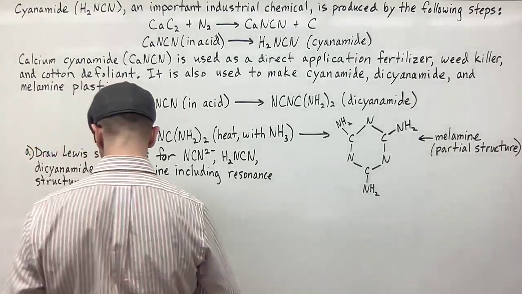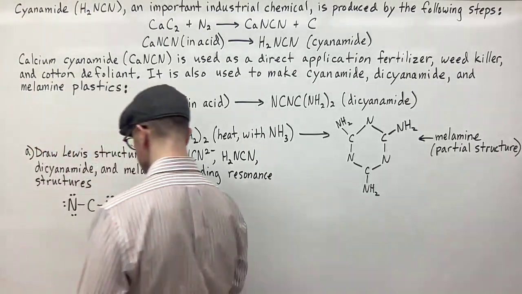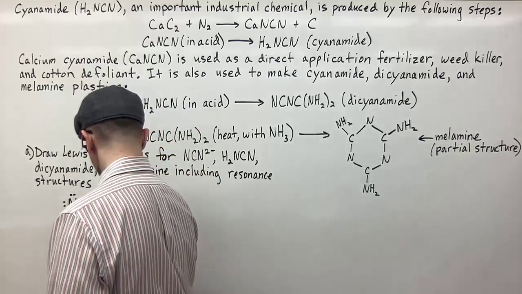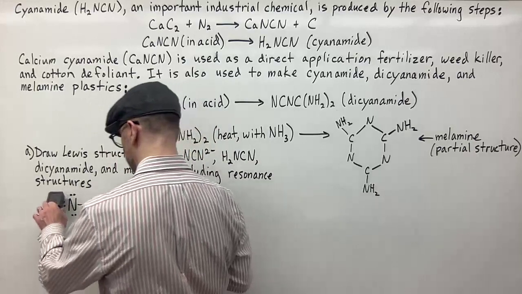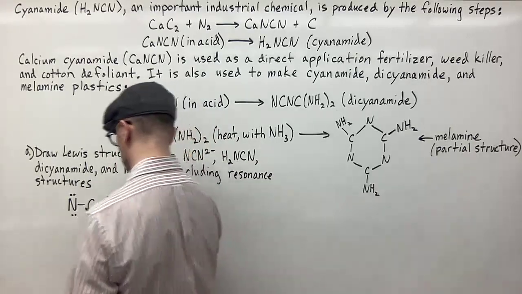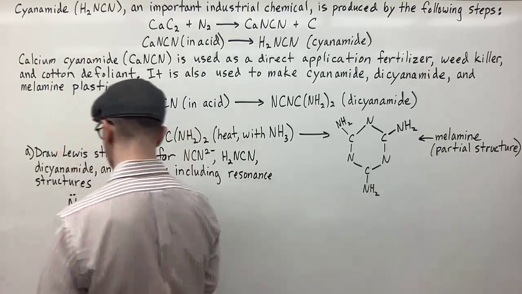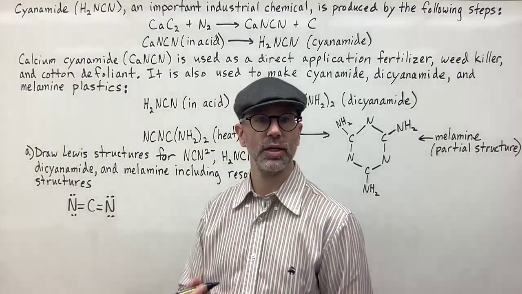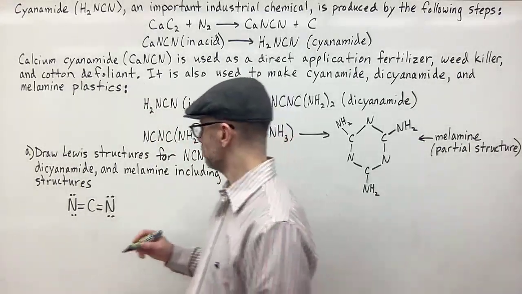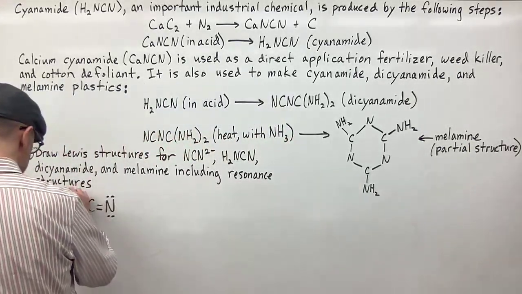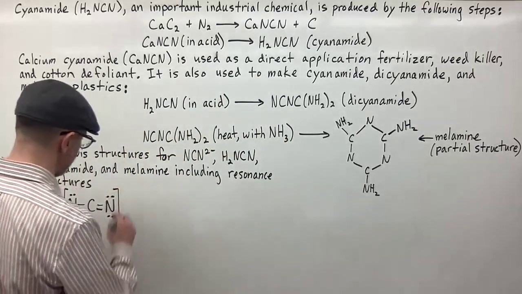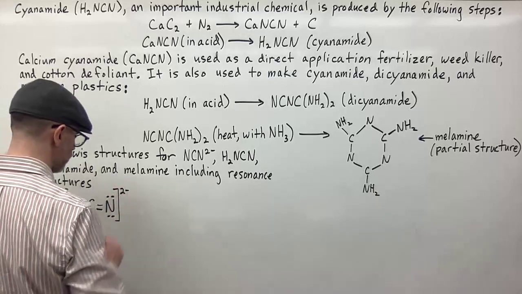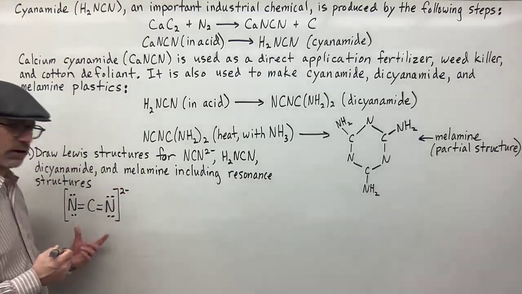I'm going to move a lone pair from this nitrogen to form a double bond, and I'm going to move a lone pair from this nitrogen to form a double bond. And there we have one Lewis structure. Don't forget the brackets. A complete Lewis structure for an ion requires brackets with the charge on the outside.